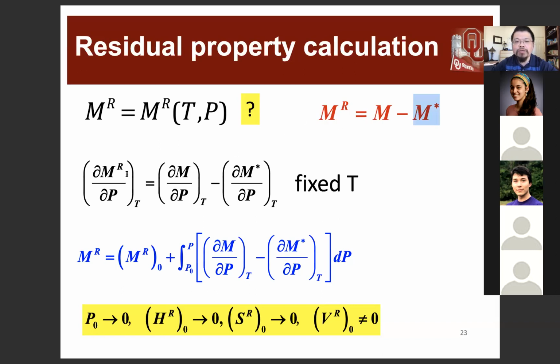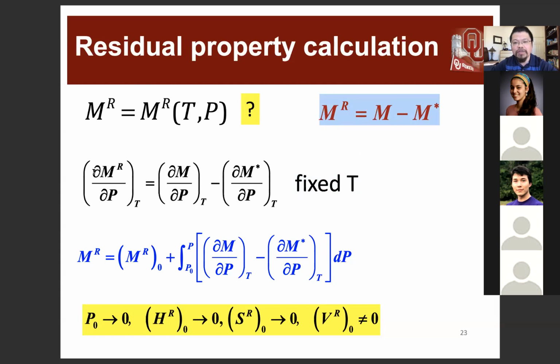Now if we take a look at this residual property, for a fixed temperature process for example, using this definition, we take a partial derivative on both sides.